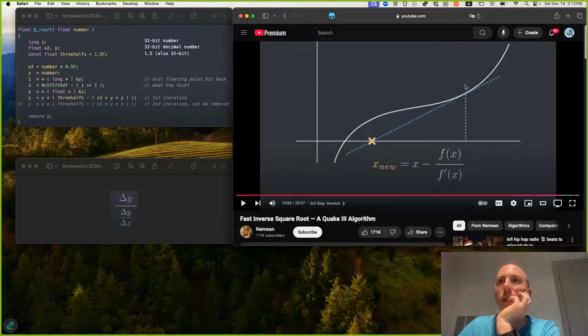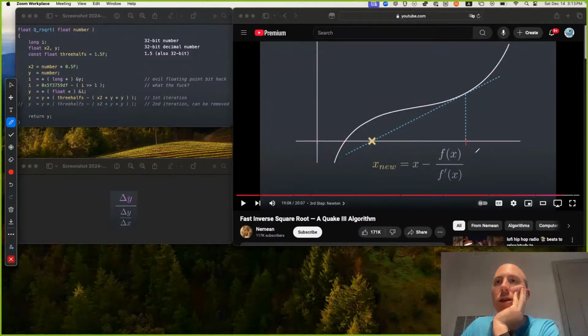So you're trying to get the new x. So this is x and this is x new here. And you have y, which is equal to f of x. You have basically the slope, m is equal to f prime of x.